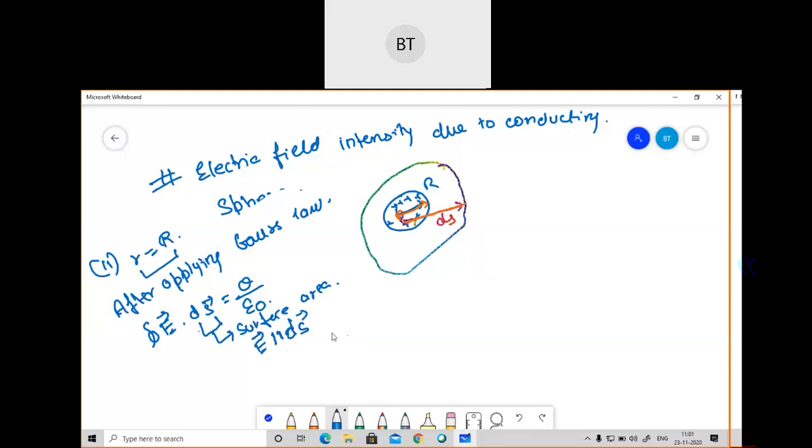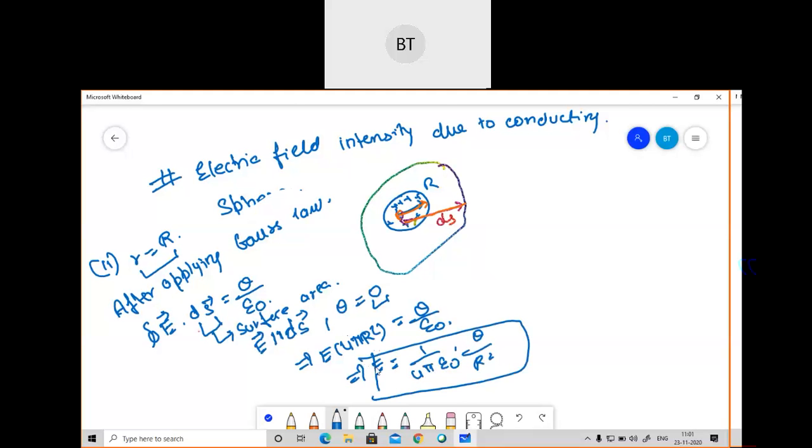So in this case, the value of theta will become 0. When I consider that E is parallel to ds, the value of theta is 0. So what I will write here is E into 4 pi r square equal to q by epsilon naught. So I will calculate the value of E equal to 1 by 4 pi epsilon naught into q by r square.